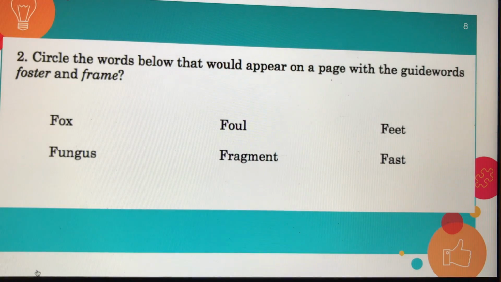Okay, let's take a look at these words and see if these words would be on the page with the guide words foster and frame. So let's take a look.